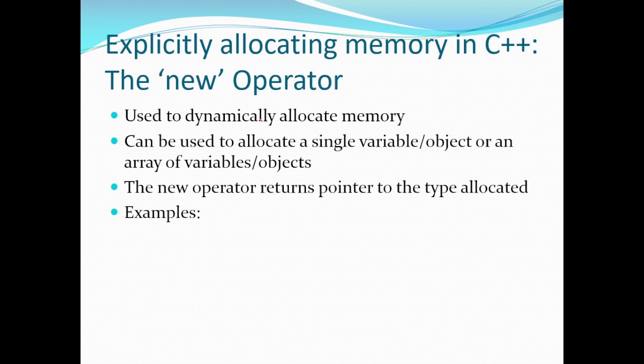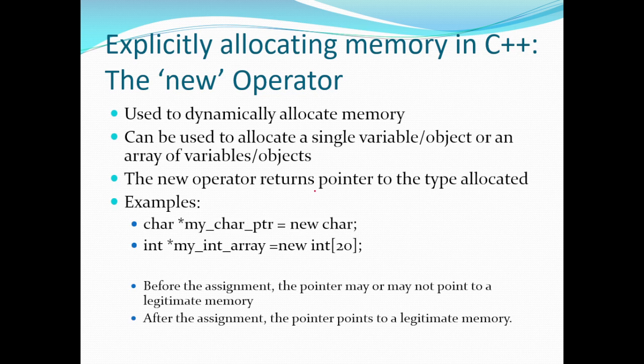So there's the new function, very simple. Let's say here's a pointer, and then I type new char. This is my pointer, star, my char. I define this with new char.